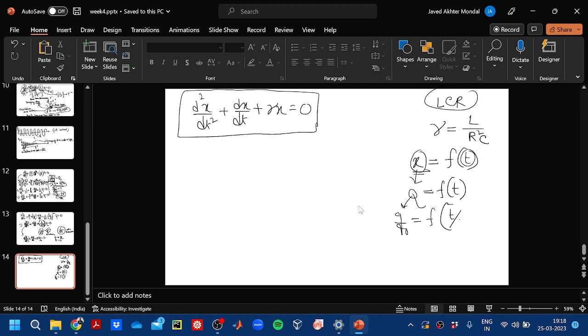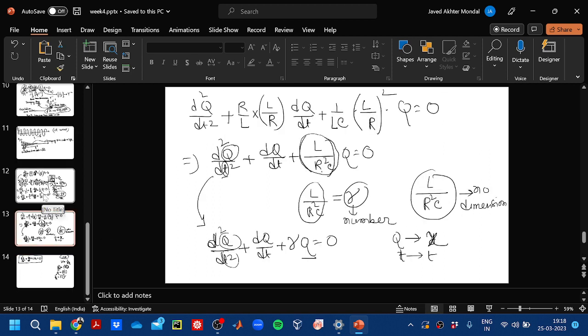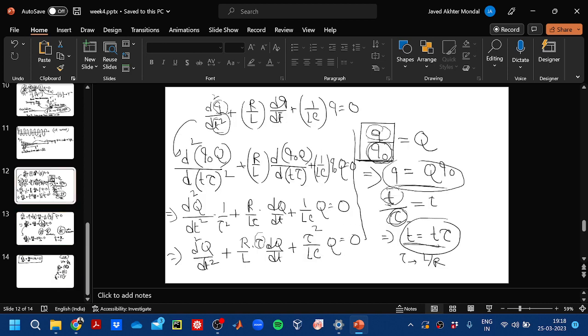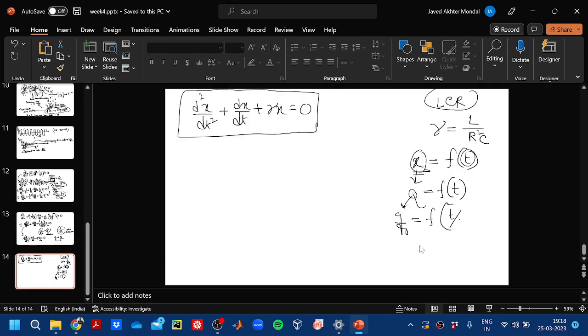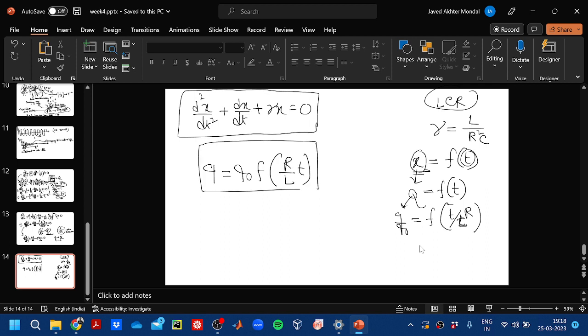So tau is our damping time scale, and that damping time scale is L by R. So this will be the solution. This is how we can go back to the original solution once we get our solution from this non-dimensionalized equation.